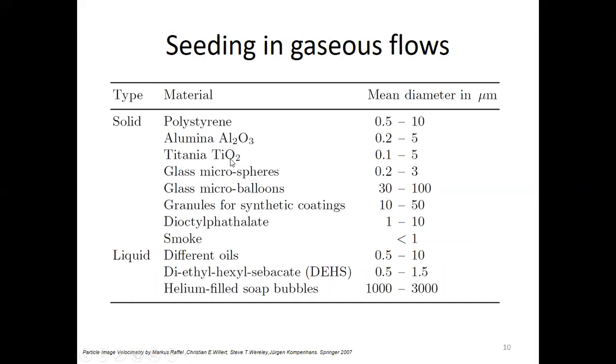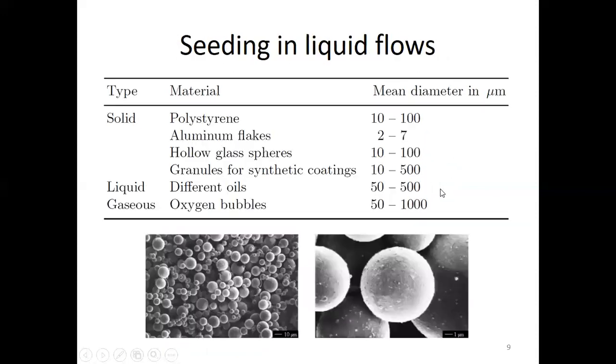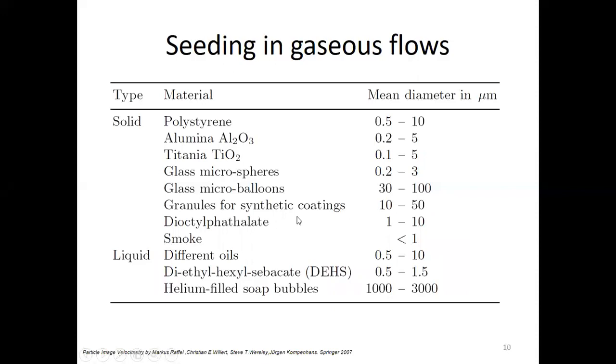If you use solid particles like aluminum or titanium, these should be very, very small ones, from 0.1 to 5 microns, so an order of magnitude smaller than this one. For gaseous flows you can also use helium and different oils, but all these diameters should be quite small. If you have helium soap bubbles, they can be large because they're light.